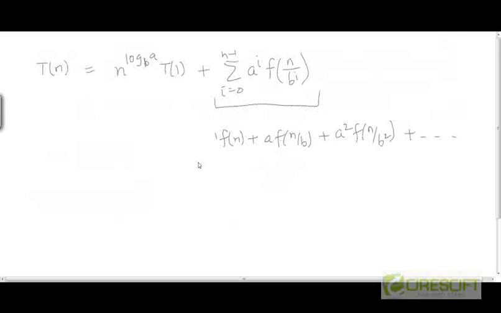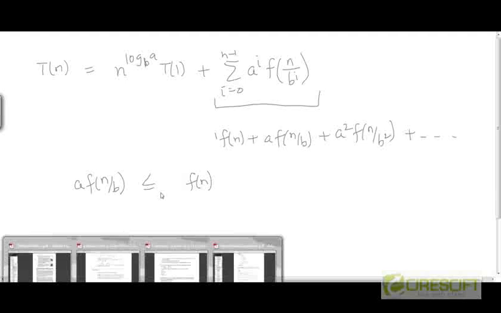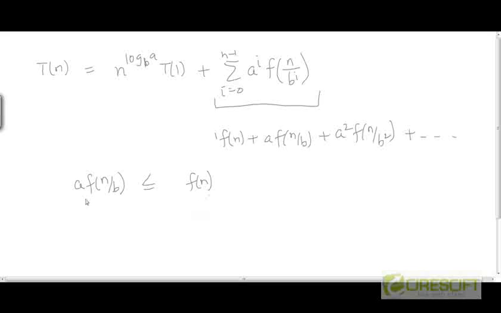More specifically, we are going to assume that a times f of n by b is going to be less than f of n. Not just that, it needs to be some fraction of f of n.